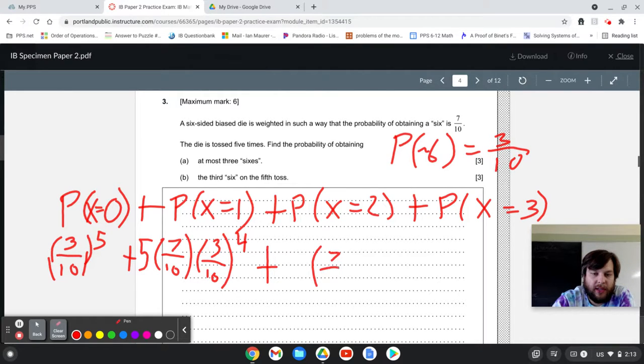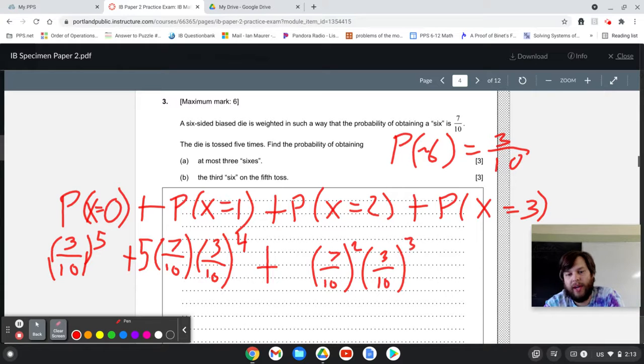Similarly, we have 7/10 raised to the 2nd power and 3/10 raised to the 3rd power, because you'll have 2 6s and 3 not 6s. And how many ways are there for that to happen? There are 5 choose 2 ways, because you're choosing which 2 of the 5 tosses are 6s.